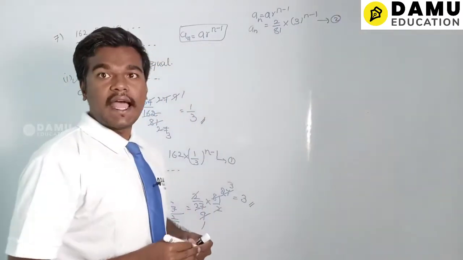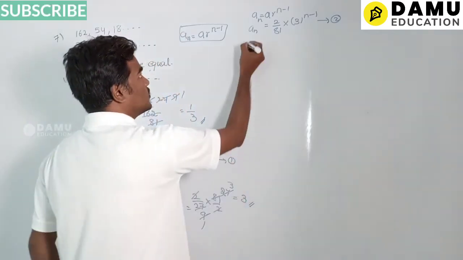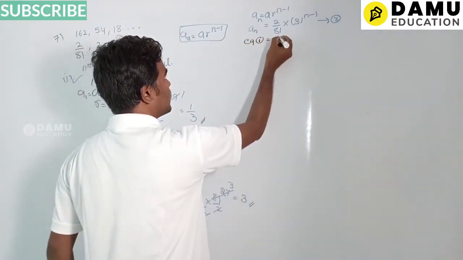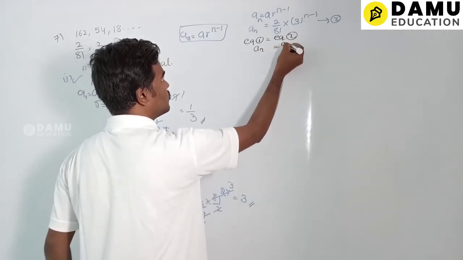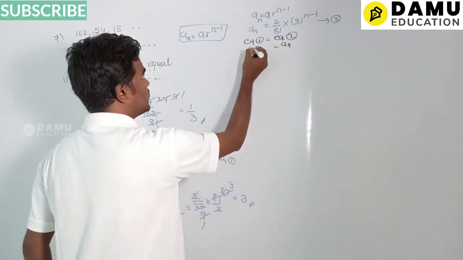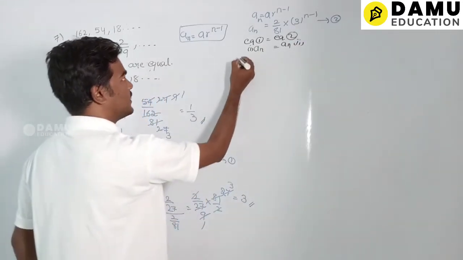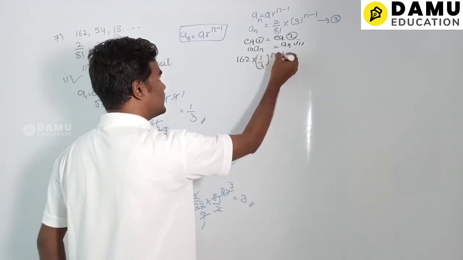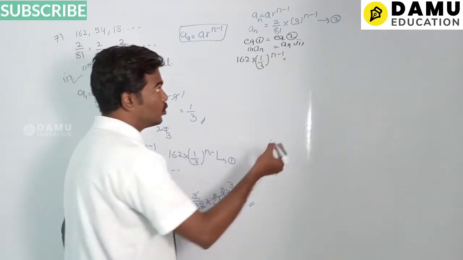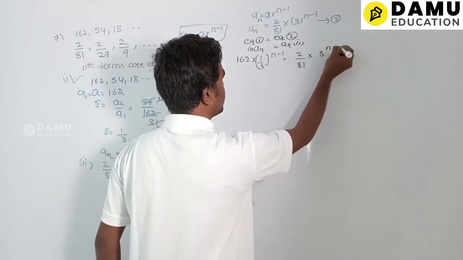As per the data in the question, the nth terms are equal, so equation 1 equals equation 2, because An for the first series equals An for the second. So 162 into (1 by 3) power n minus 1 equals 2 by 81 into 3 power n minus 1.